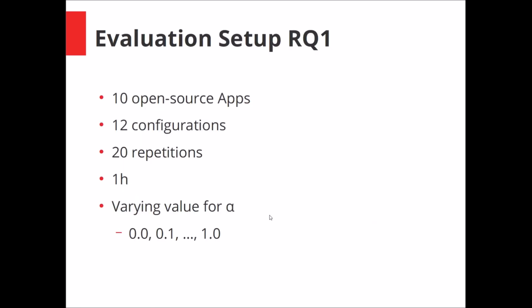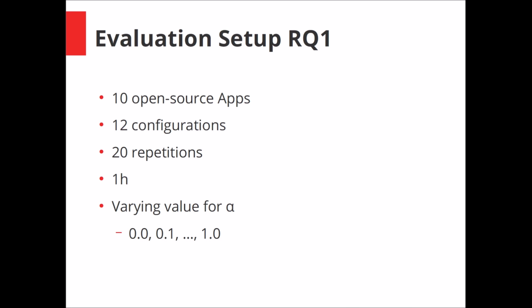The evaluation setup for RQ1, what is the best way to combine motif and UI actions, looks as follows. We used 10 open source apps from previous studies and executed them with 12 different configurations. Each app was executed for each configuration for 1 hour, and this was repeated 20 times to compensate for randomness.